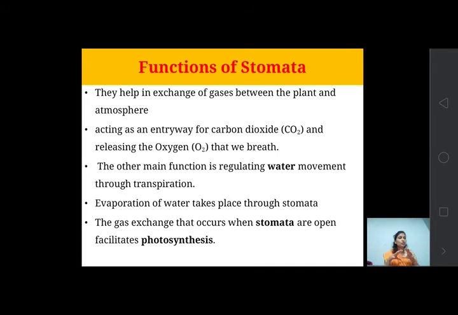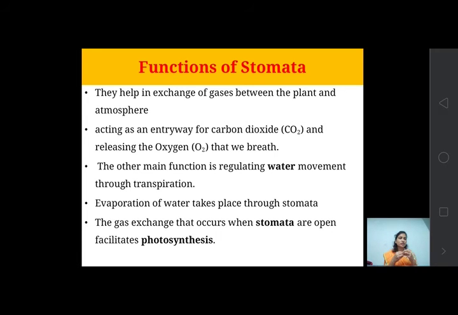So to prevent this transpiration or evaporation, or to lower the rate of these two processes, the stomata of these plants remain closed at the daytime.